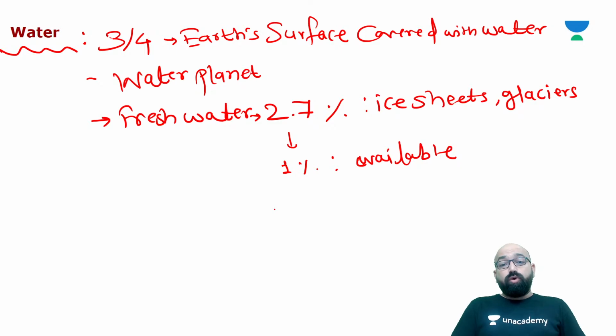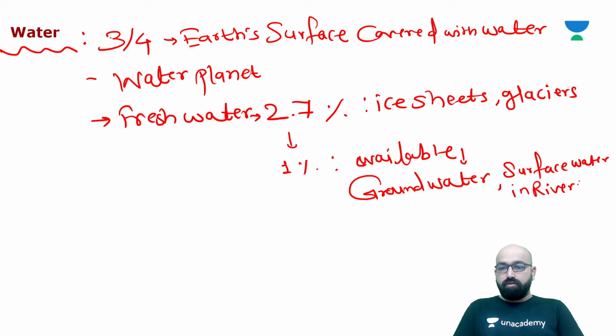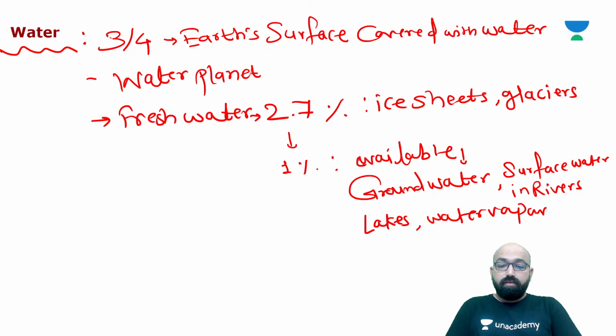Now, it is found as groundwater, as surface water in rivers, then lakes, and as water vapor in the atmosphere.